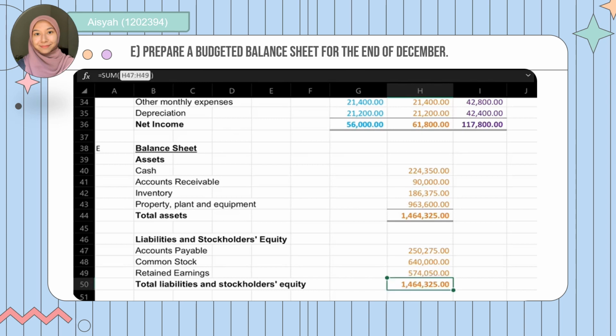After we add up accounts payable, common stock, and retained earnings, we will get our liabilities and equities amount, which is 1,464,325, same as total assets amount. And with that, we have completed question 1.